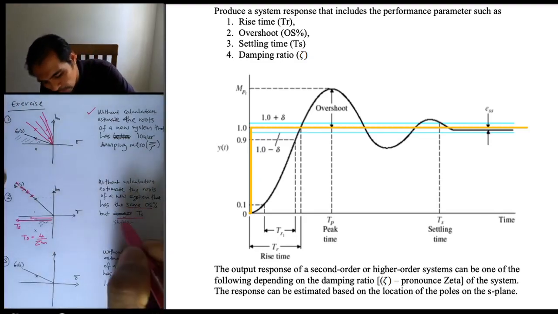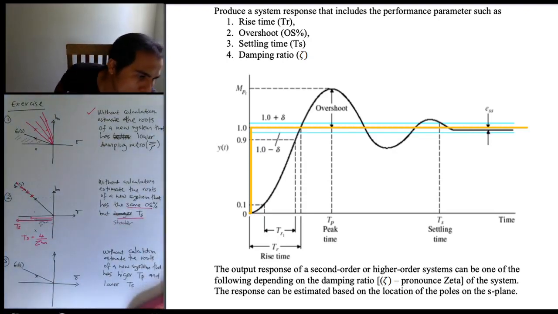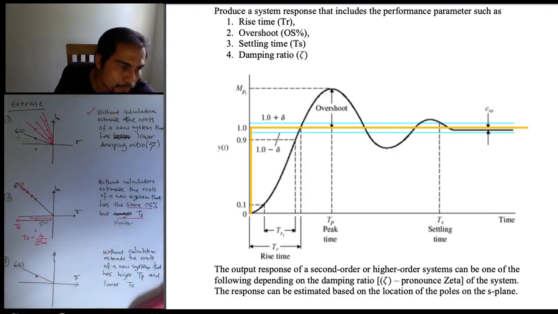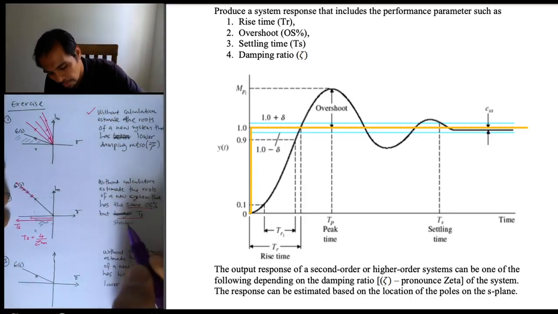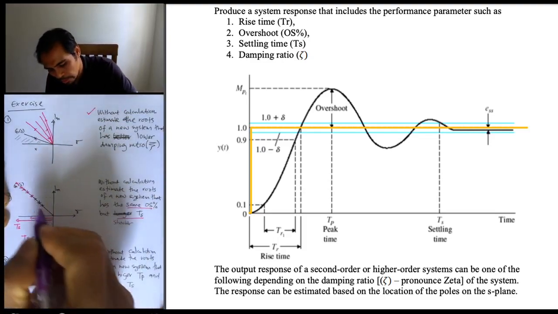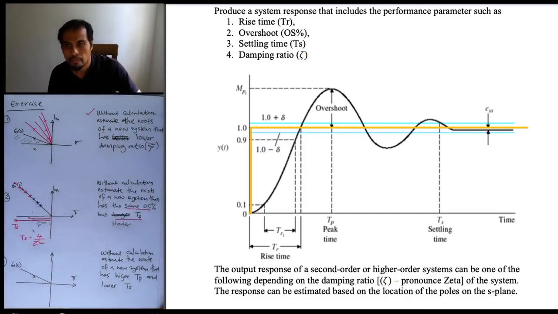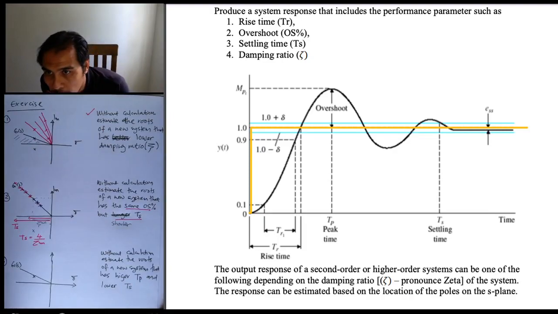Okay, unless we want a longer TS, we have to place towards the origin instead. Let's say we want a longer TS, then the new system has to be within this region. Okay, right.